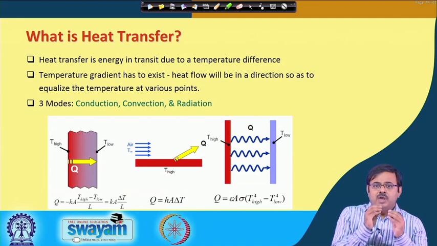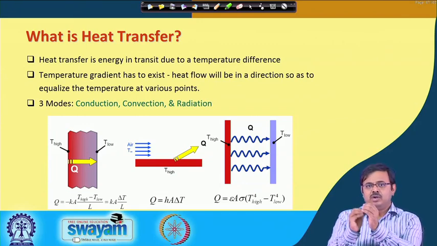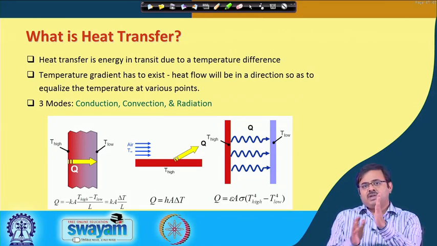The molecules at higher temperature vibrate with higher amplitude and pass on the energy to the neighboring molecules which are at a slightly lower temperature. And this is how the energy gets passed from the hotter temperature to a colder temperature.